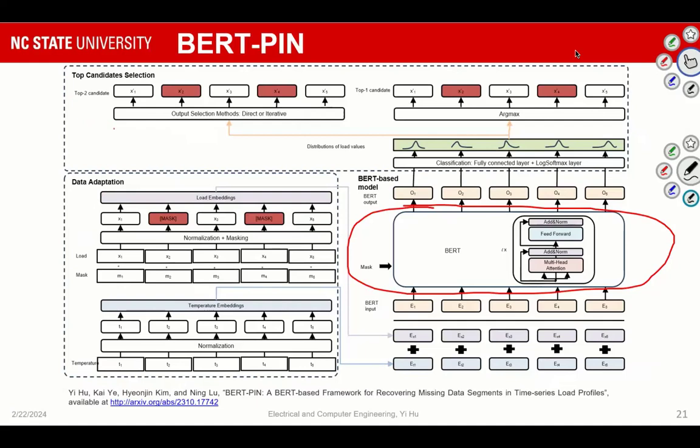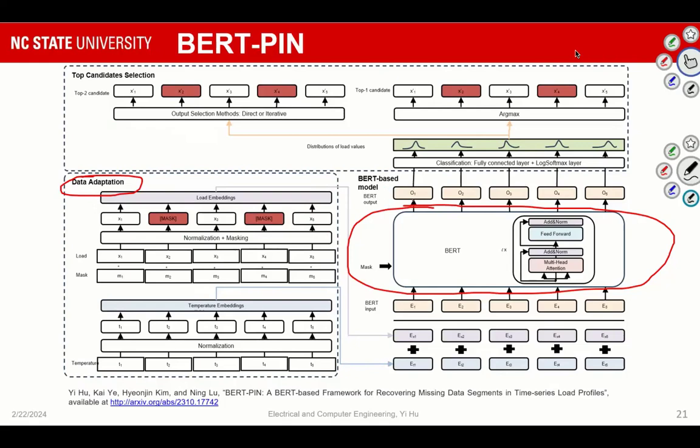This is the function of this part. I'm not going into too much detail. Here we have some normalization, masking, and encoding methods to turn time sequence data into a sequence of embeddings, similar to the word embedding in natural language tasks. In this way, we can feed the data into the BERT model.